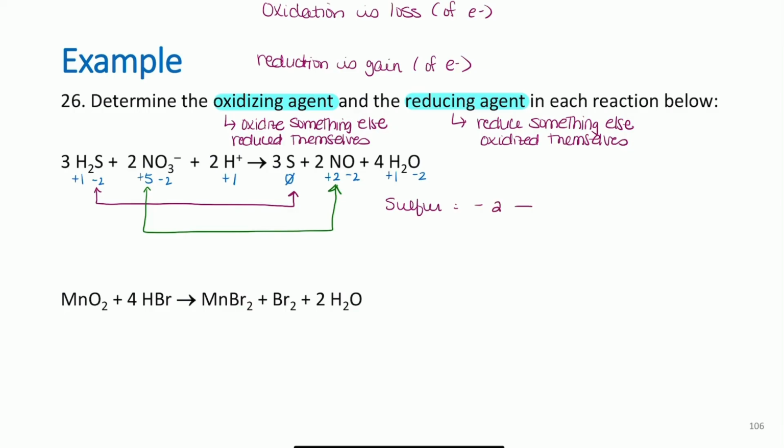So sulfur went from -2 to 0. Did that gain or lose electrons? That lost electrons, which means it was oxidized, which means sulfur is my reducing agent. It oxidized itself so something else could be reduced.